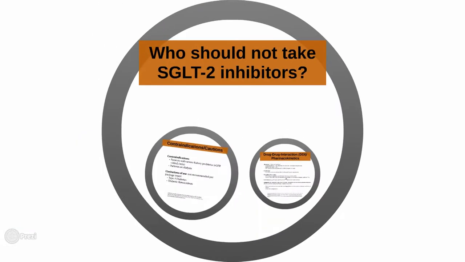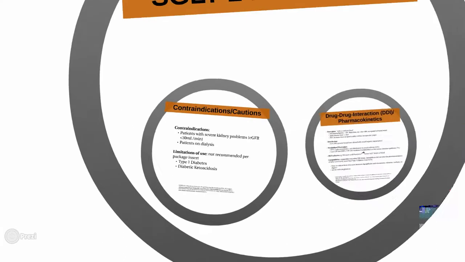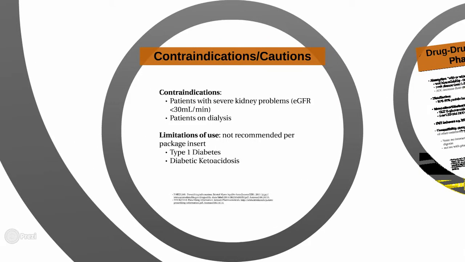So moving along, we saw how we should take them, and now who should not take them. These drugs are contraindicated in patients with severe kidney problems and patients on dialysis. I'm going to ask you again, why won't it work in these patients? If we can't filter glucose, we have nothing to block or reabsorb. So again, they won't be efficacious.